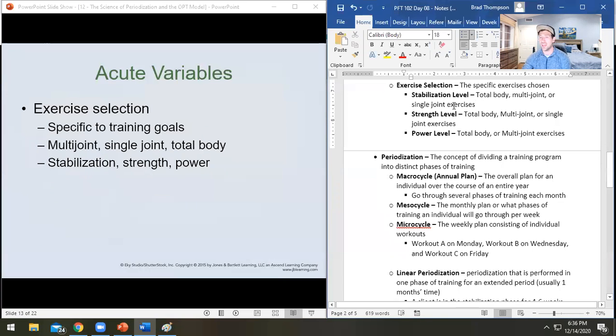In the stabilization and strength levels, we can do total body, multi-joint, or single joint movements. The only thing is that in the power level, we do not do single joint exercises. There is no such thing, and you'll notice it in your books when you look at your exercise lists. You will notice that the stabilization level and the strength level have bicep and tricep exercises, but the power level doesn't.